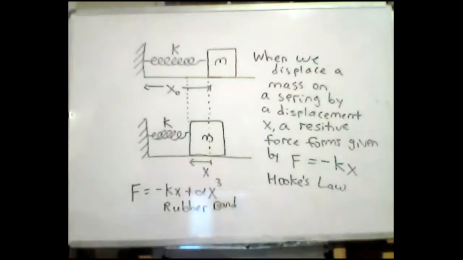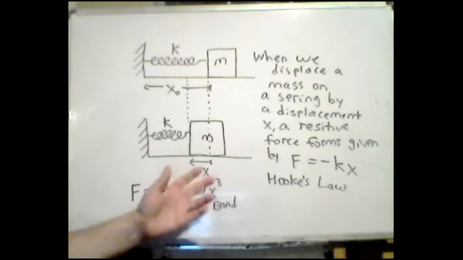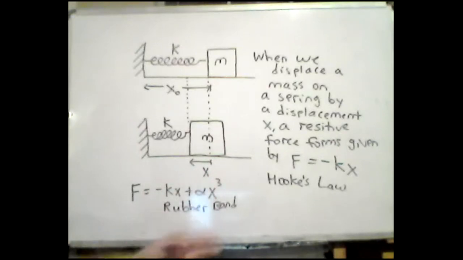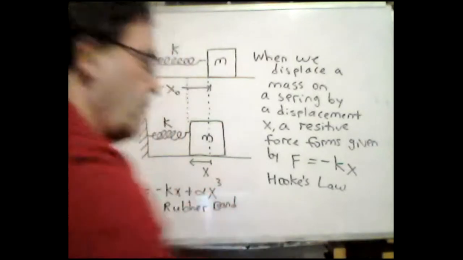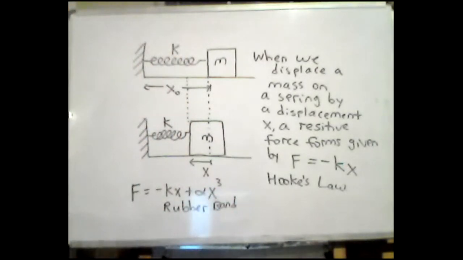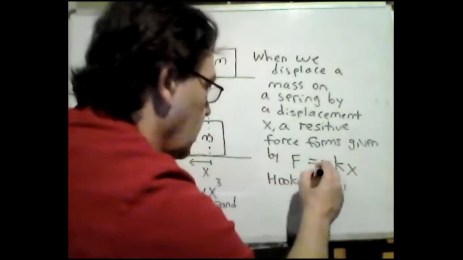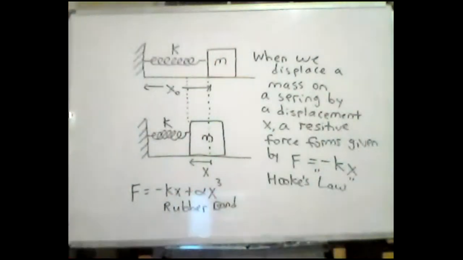Most of the time there's only a linear relationship, and that's called Hooke's law. But a law of physics is a behavior in the universe that's always true. Hooke's law is mostly true. There are exceptions. That's why we can say law only in quotation marks.